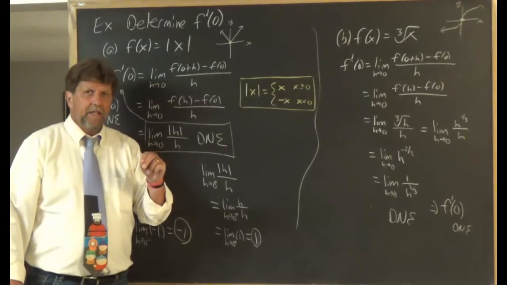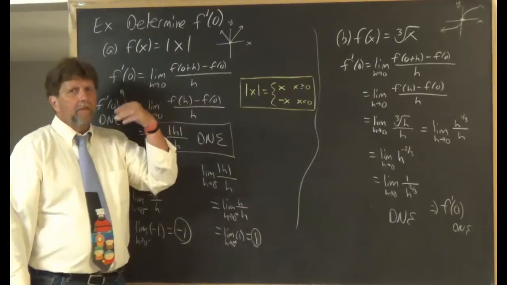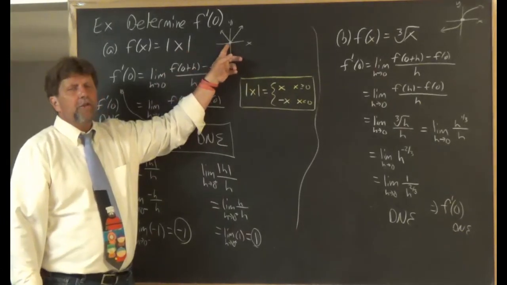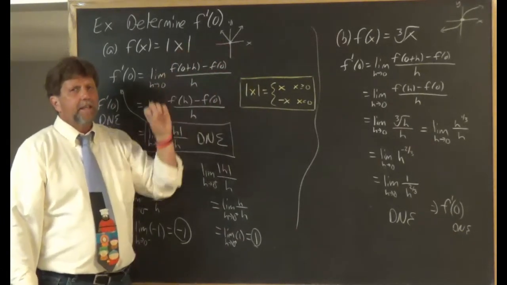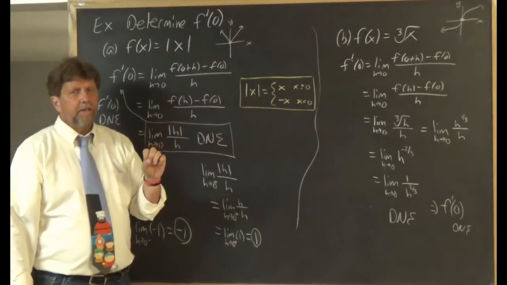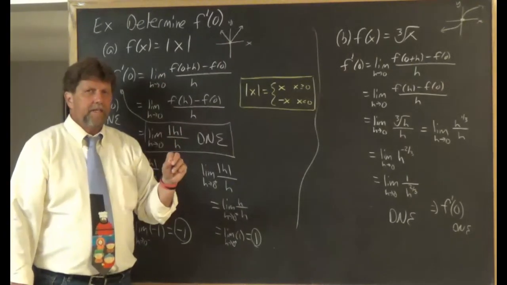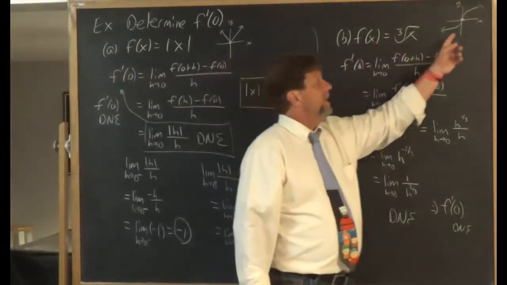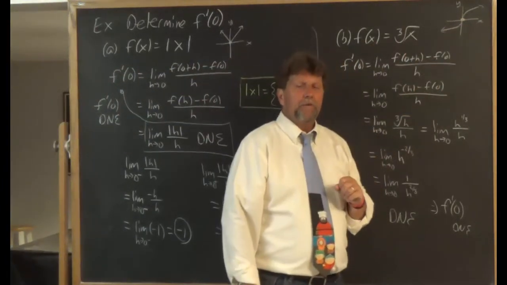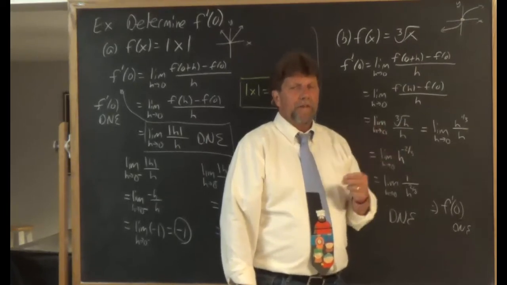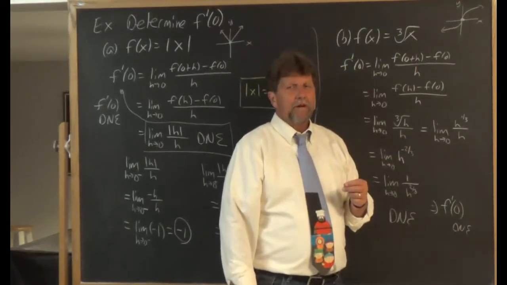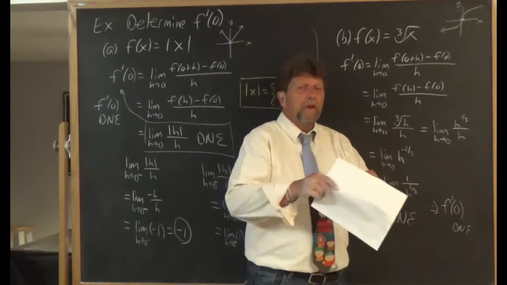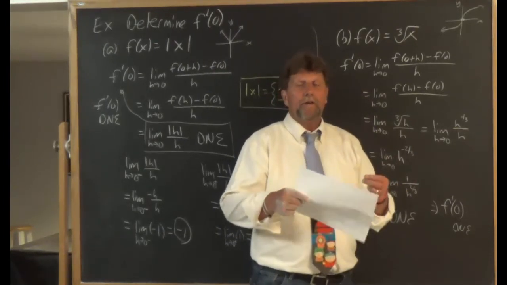Notice, this is going to come up later on, the function absolute value of x is continuous at x equals 0, but the derivative does not exist at x equals 0. Cube root of x is continuous at x equals 0, but the derivative does not exist at x equals 0.